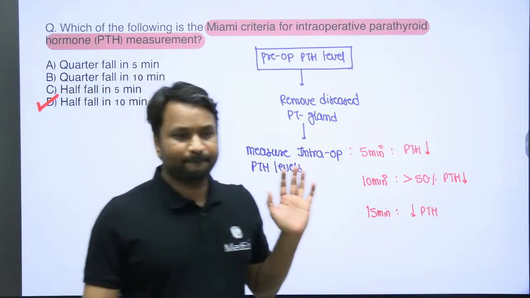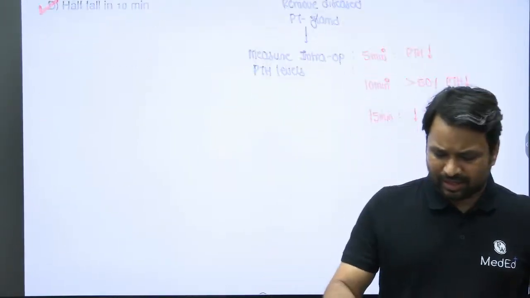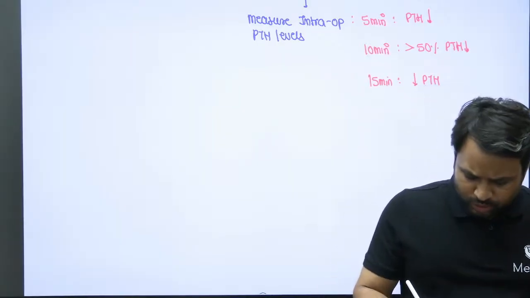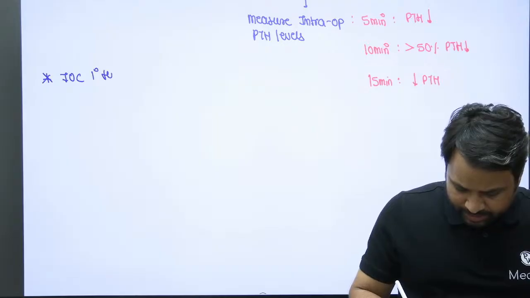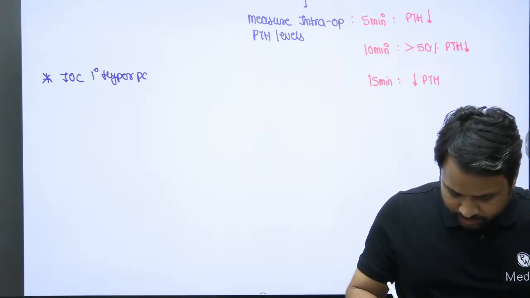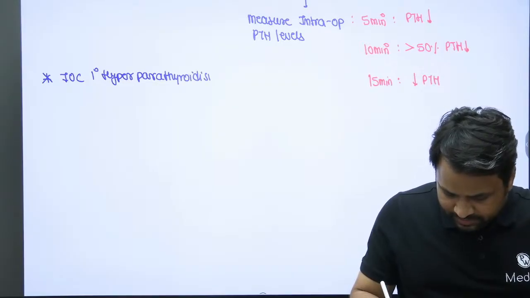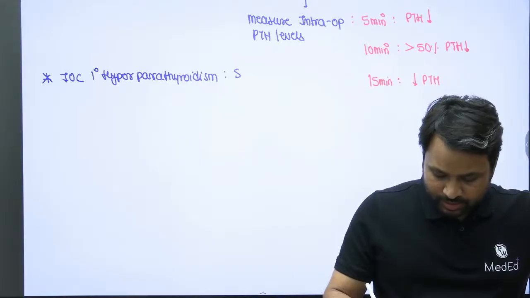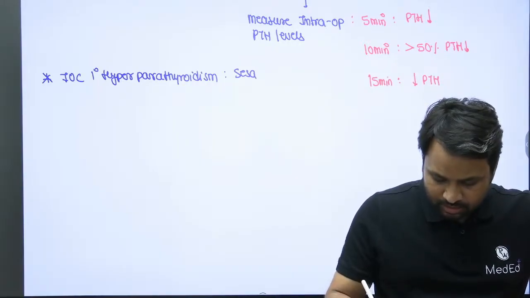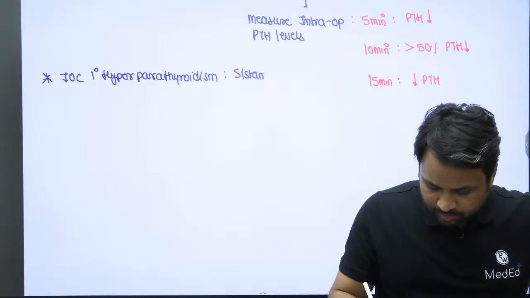Clear? So, now going on to the next one. One more question that they can ask you on the parathyroid is, what is the investigation of choice for primary hyperparathyroidism? The answer is going to be sestamibi.